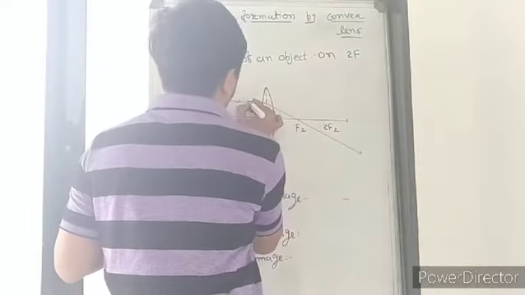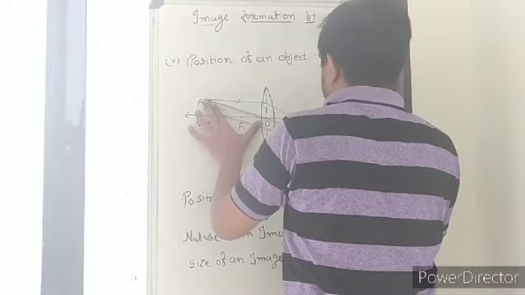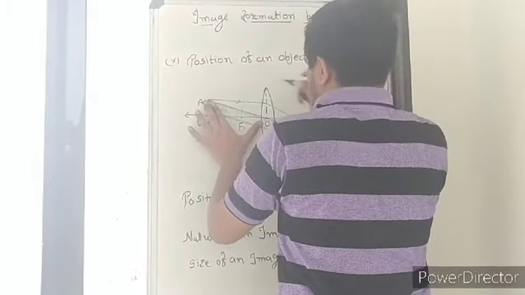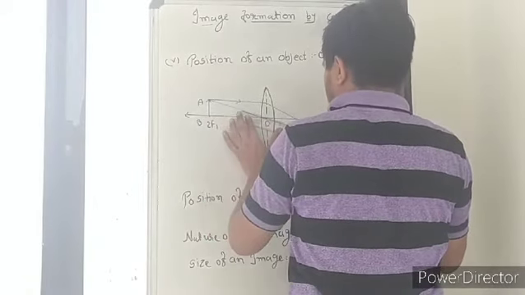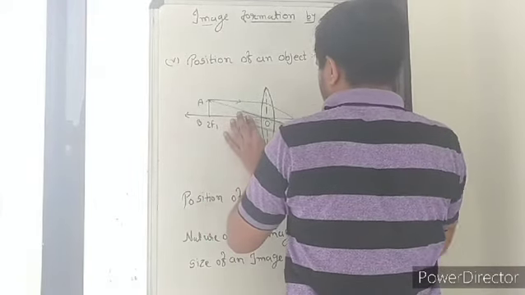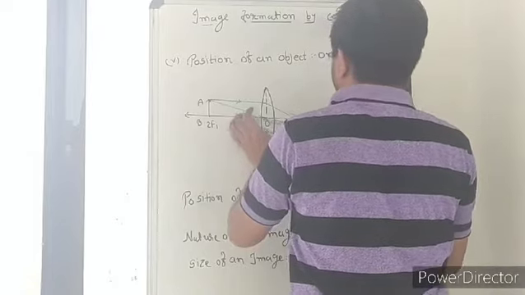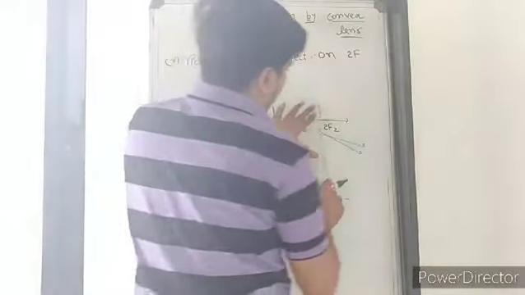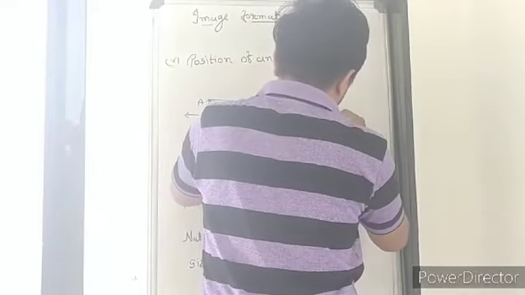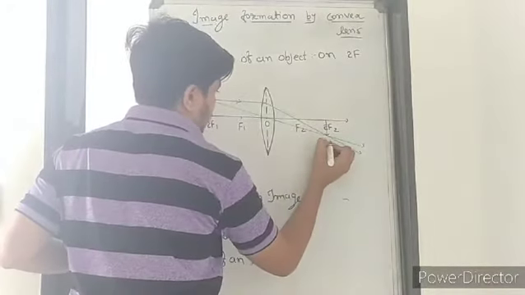Now, our next ray passes from the optical center. So, they meet at a single point, which is on 2F. So, it's A dash.